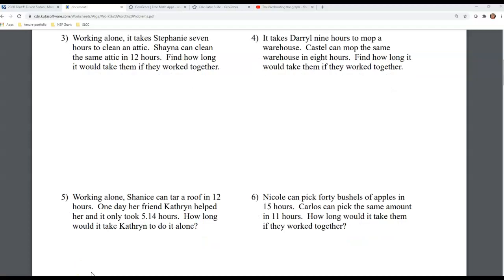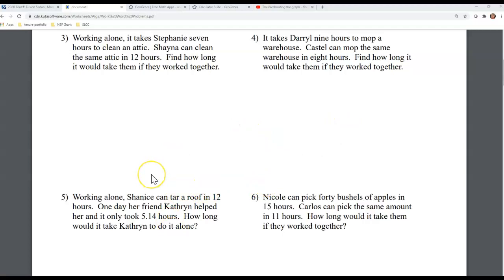Okay, so let's look at this now. Remember on this one, since we're trying to figure out how long it's going to take one person to do it alone, the top part of the fraction, when we're doing the shortcut, is still going to be 12 times the 5.14.